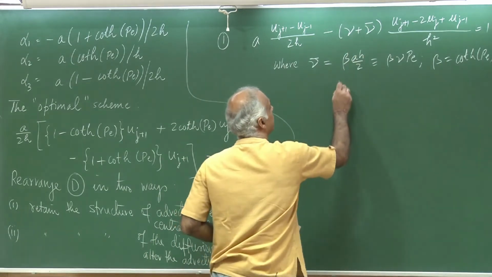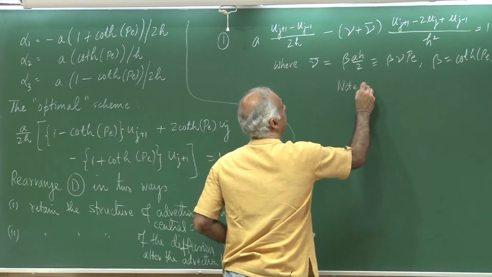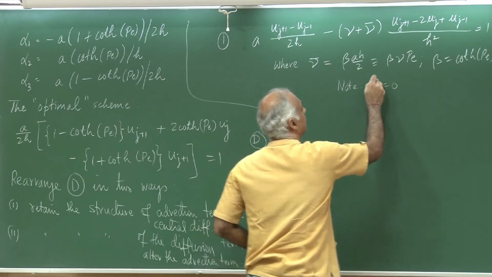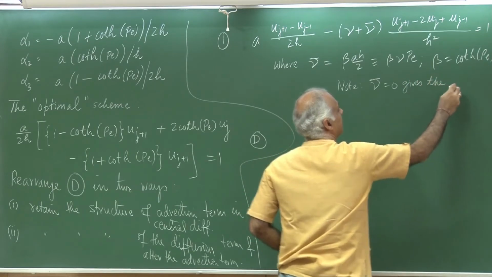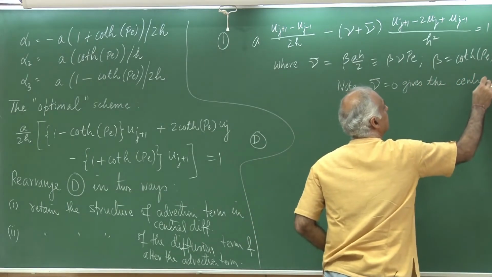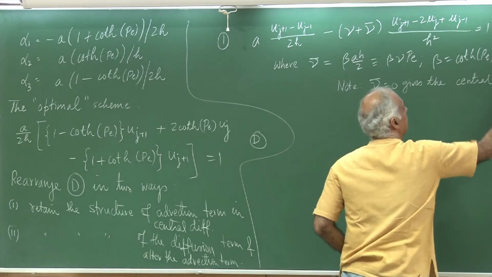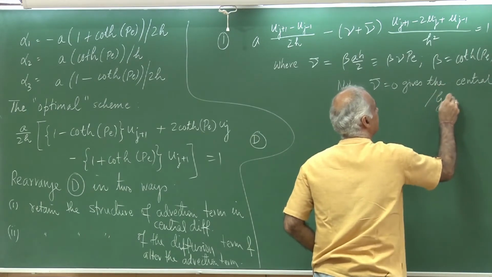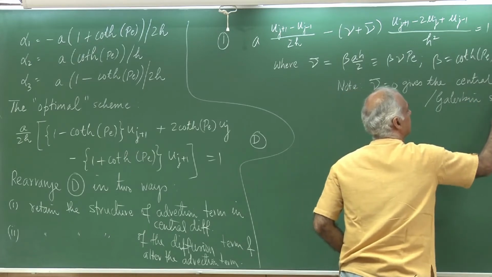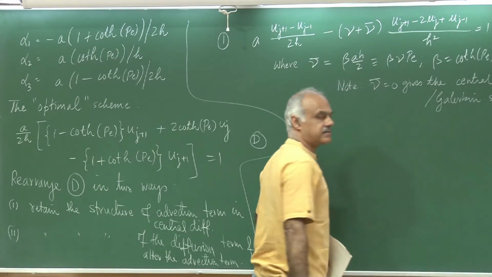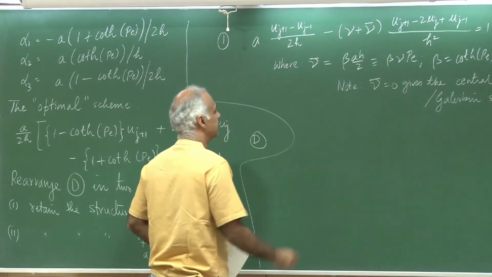So, note nu bar equal to 0 gives the central difference slash Galerkin scheme. So, this is one interpretation.